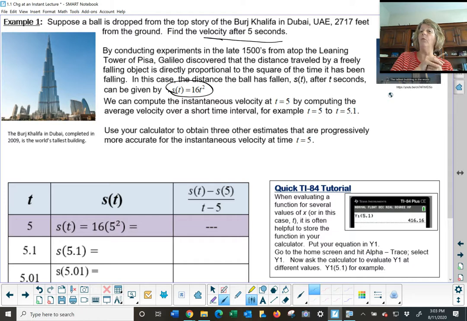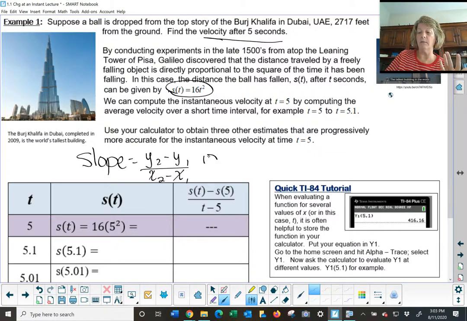And then I can get more to what an instant of time is. Because we know that slope is equal to what? y2 minus y1 over x2 minus x1, which really, if I have miles on top, hours on bottom, that slope, that rate of change is going to represent my velocity.